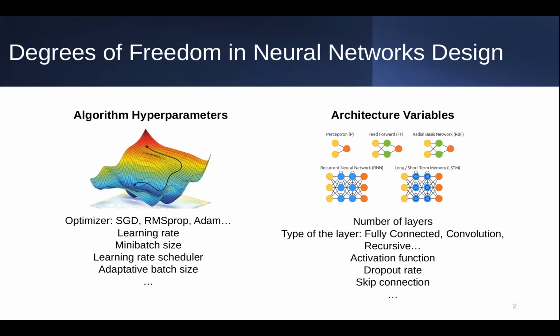Okay, so we've seen this slide before, but it's a nice reminder for the audience to recognize how many different types of choices one has to make when constructing a neural network for any sort of application. One set of choices are hyperparameters that go into how well your architecture is optimized. For example, the choice of the optimizer, learning rates, batch sizes, and so on.